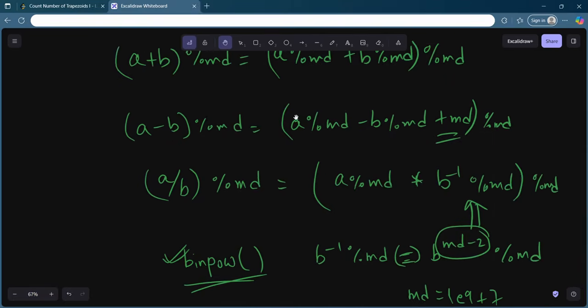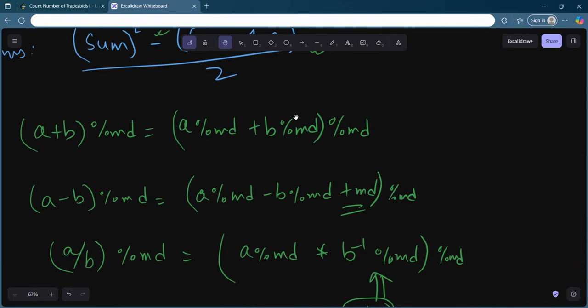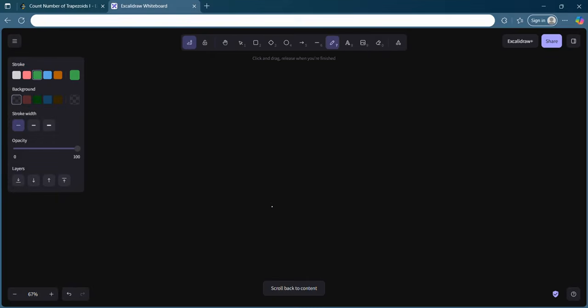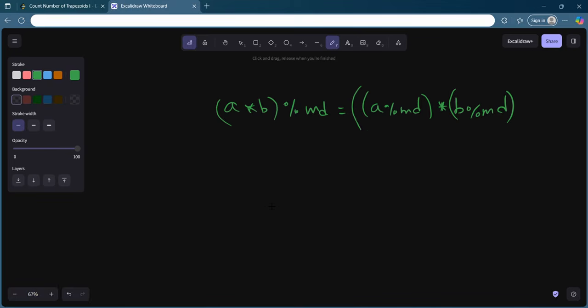And I will tell you from the basics. You know how to calculate a into b whole mod. You just apply mod separately. A mod multiplied by b mod, whole mod. Okay, perform the whole mod, and this is how you calculate.